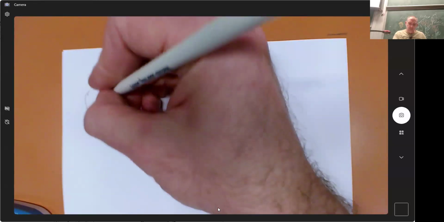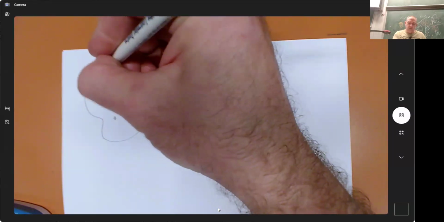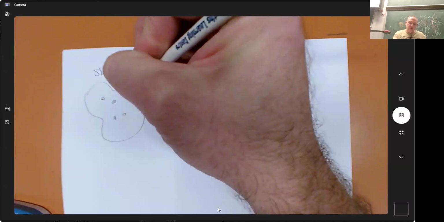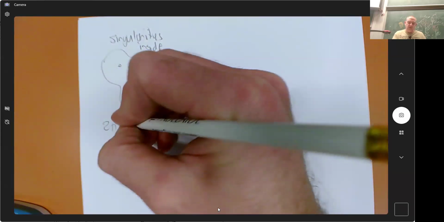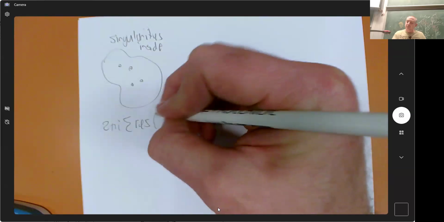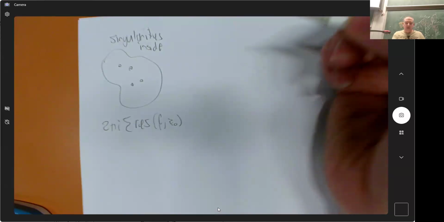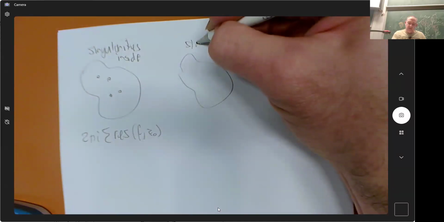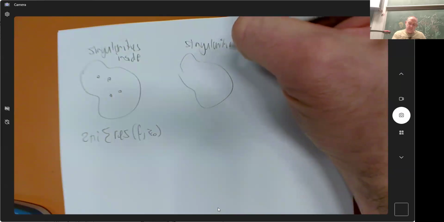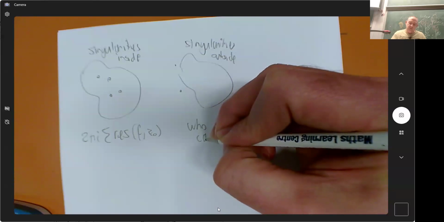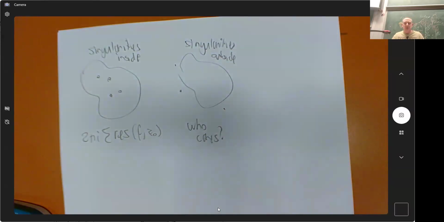What happens if the singularity is on the curve? So I'm just going to draw all three of those situations. Singularities inside, you'll have like 2 pi i times the sum of the residues. Something like that. And then singularities outside, who cares? It's fine. Everything will be okay.